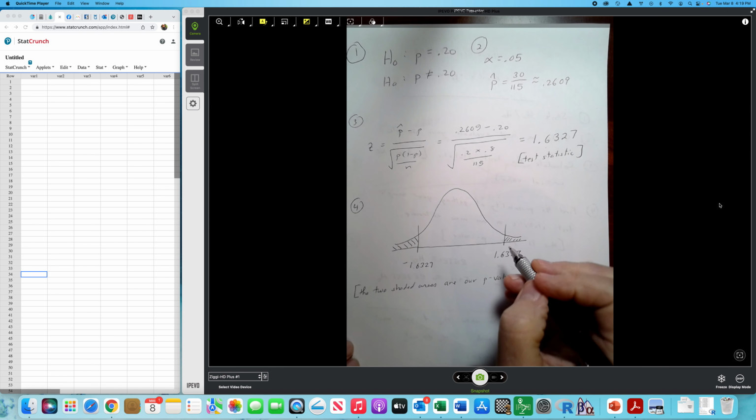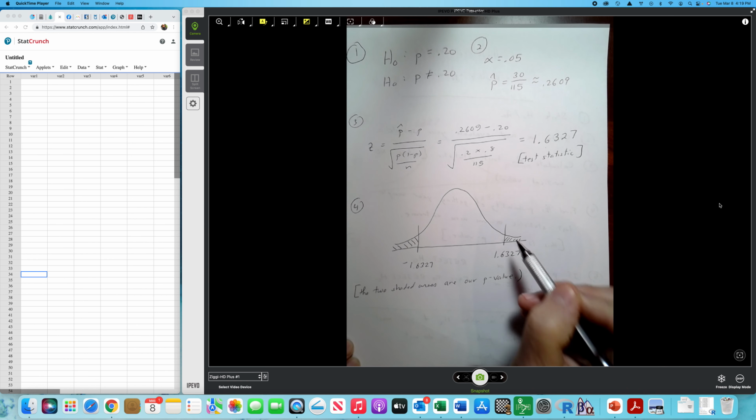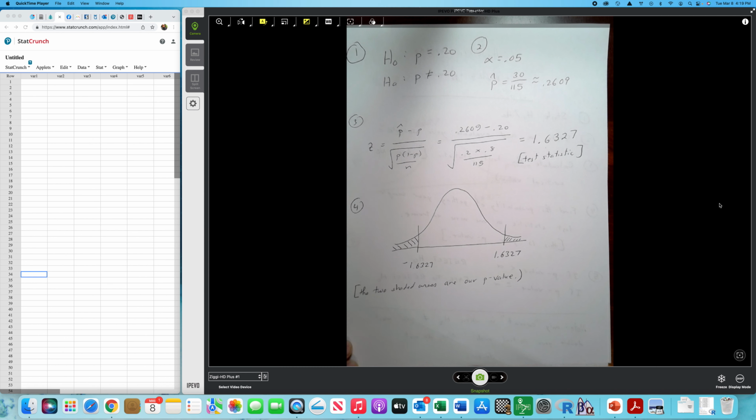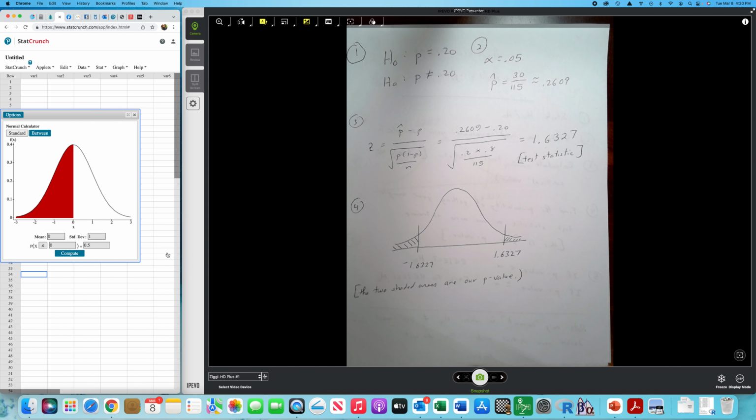Now, to calculate the p-value, we need to get this area. Then we'll double it, because the area down here, because of symmetry, is going to be the same thing. Circling back, that's why we find our initial probability and then multiply by 2. Finding the initial probability is really easy. Just go to calculator, go to normal. I need area to the right of 1.6327, right?